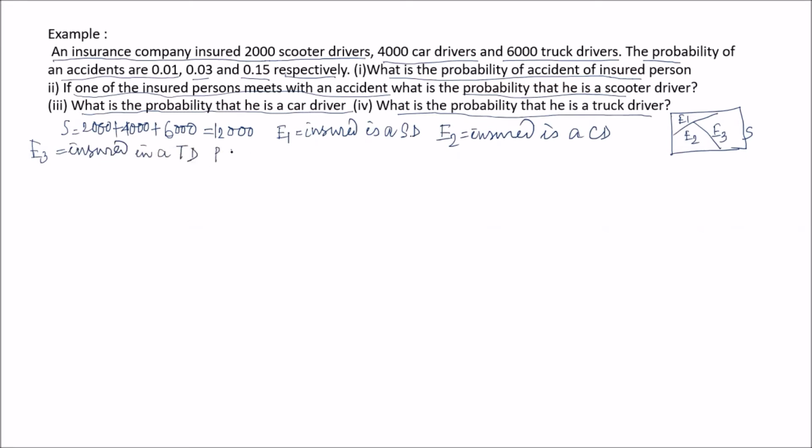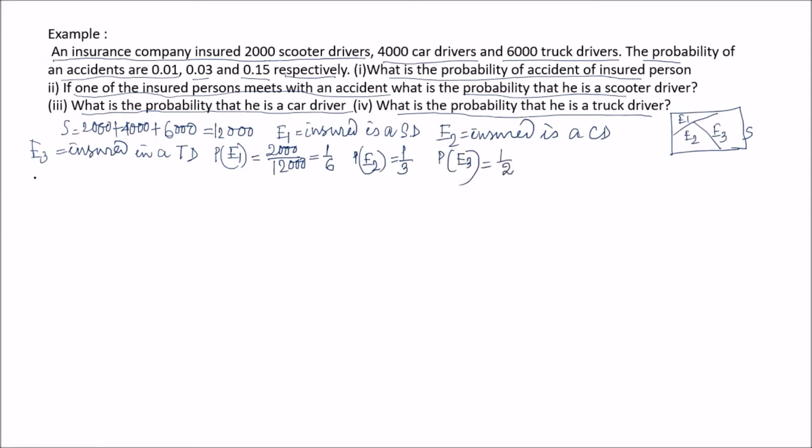The probability of E1, a scooter driver, is 2000 by 12,000, so this will be 1 by 6. In the same way, I can find P(E2), that will be 4000 by 12,000, which is 1 by 3. I can get P(E3), that will be 6000 by 12,000, which is 1 by 2.